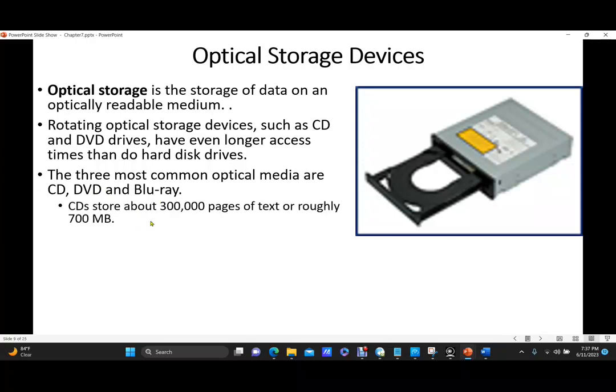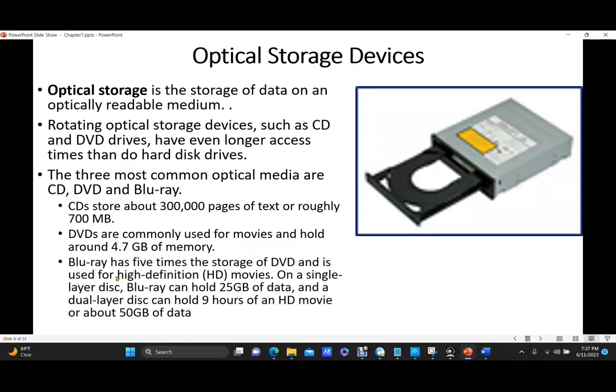CDs store about 300,000 pages of text, or roughly 700 megabytes. DVDs are commonly used for movies and hold about 4.7 gigabytes of memory. Blu-ray has 5 times the storage of a DVD and is used for high-definition movies.